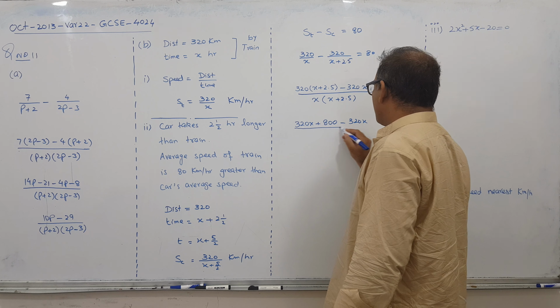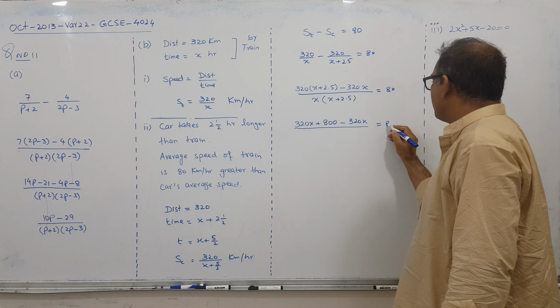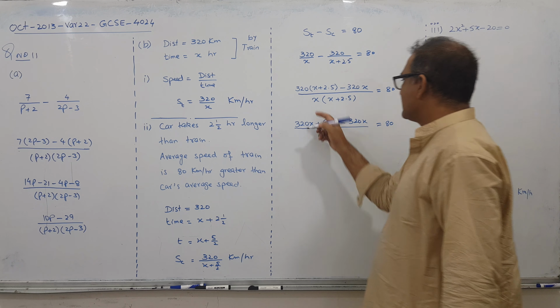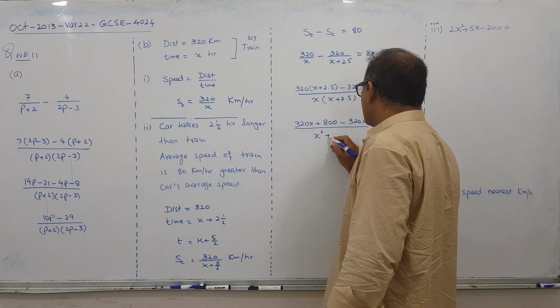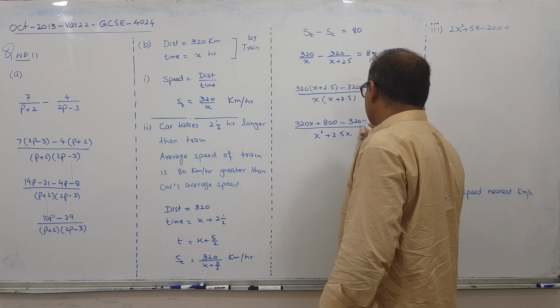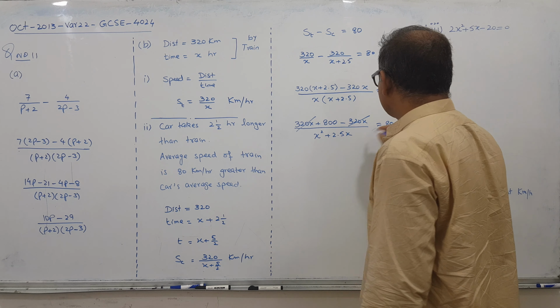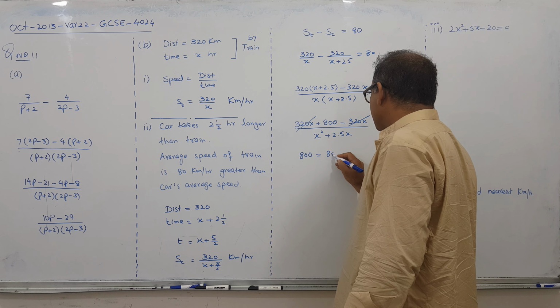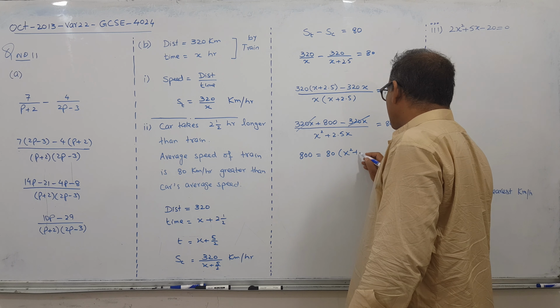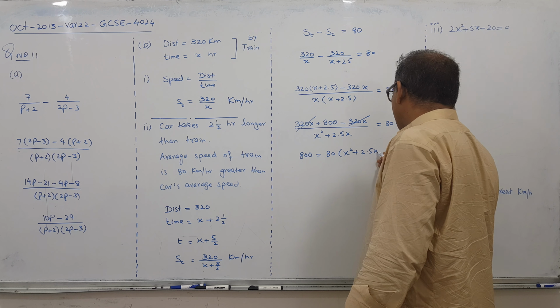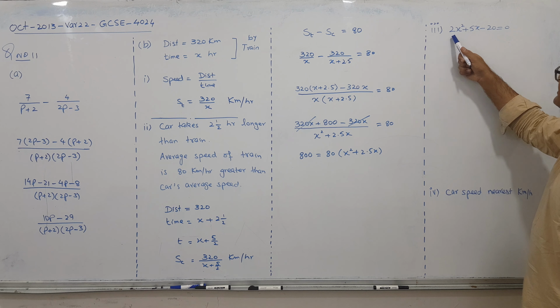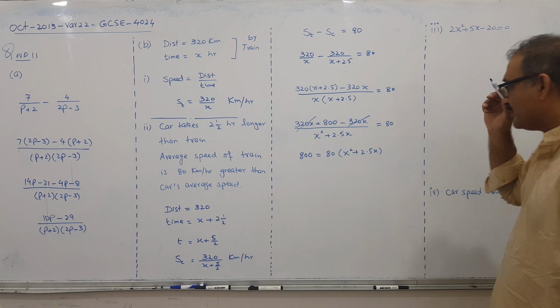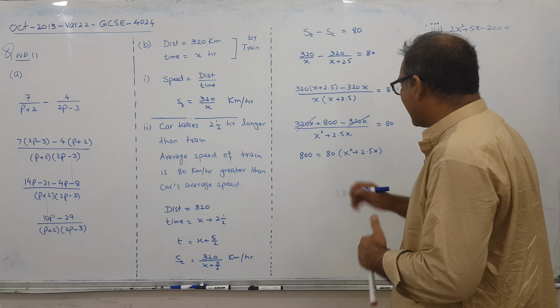And now I said before, because I have some number here, so I will multiply. I get x squared plus 2.5x, and this cancels, it goes there. So 800 equals 80 times x squared plus 2.5x. What is my target? You can see beside x squared I have 2. So most probably I can do it two ways.